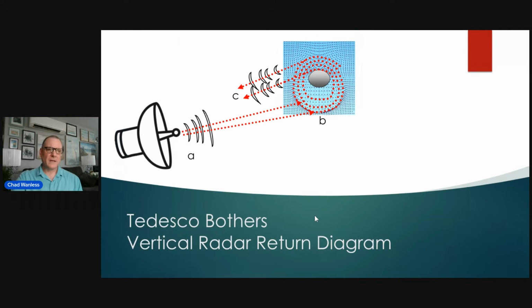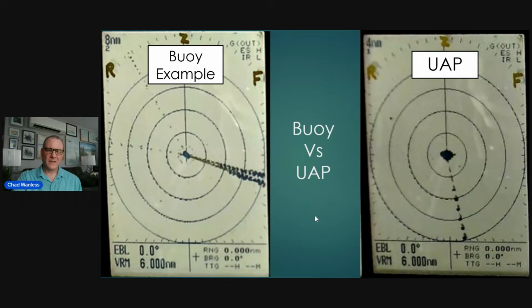In this particular case, they had actually pointed the radar up away from the sea, and this is one possibility that might explain why it was seeing its echoes return multiple times. Again, the radar may have got caught up in the spatial warp and then returned multiple times. So this is an example of the buoy versus the UAP. There is a distinct difference.